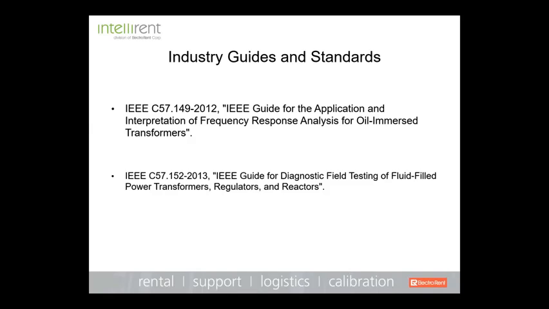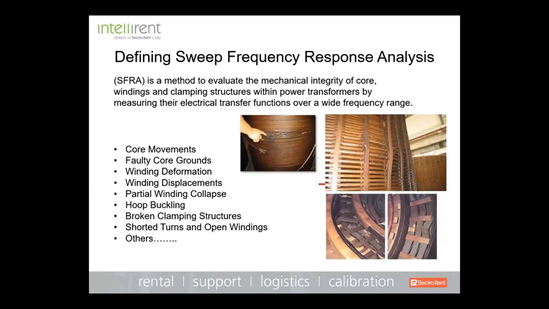For other tests, of course, you've got C57.152, which is a diagnostic field testing guide for power transformers, regulators, and reactors. So these are two good industry guides to help you in terms of mechanical failure in transformers.